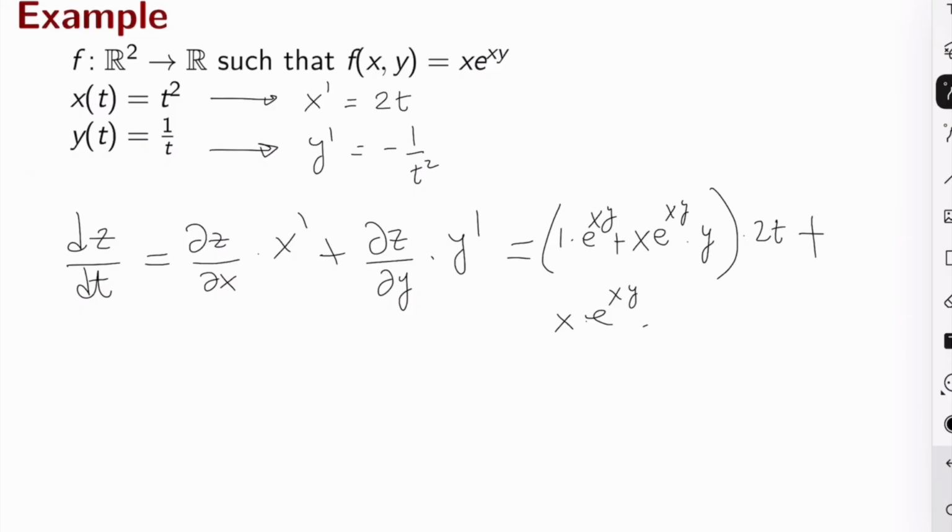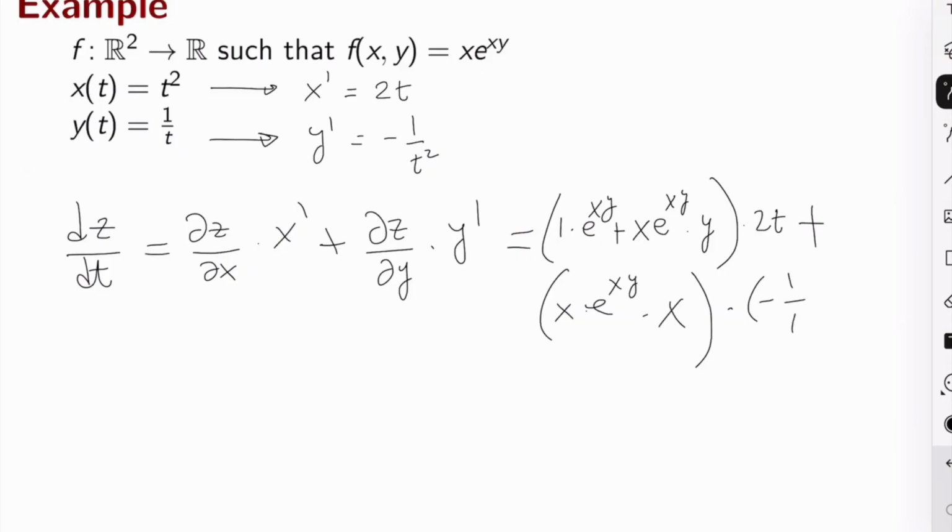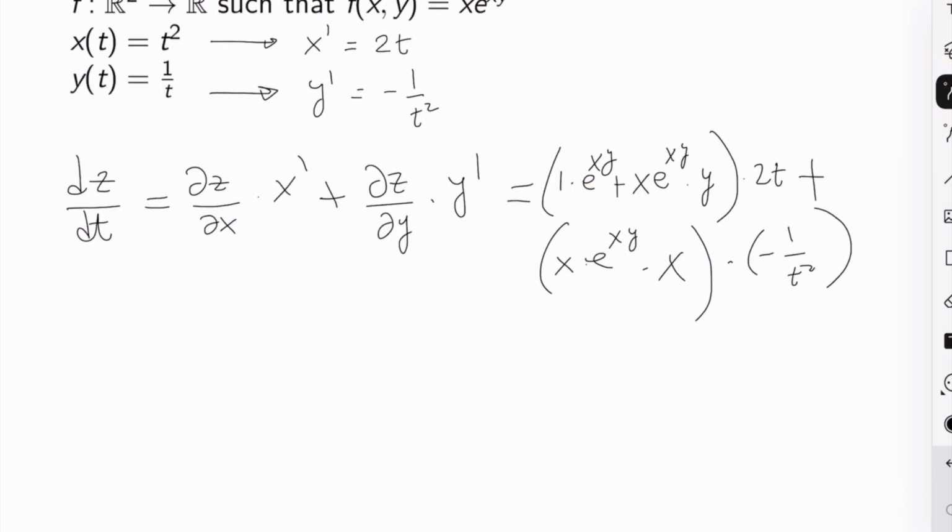Sorry, x, right? The derivative of xy with respect to y is x. Okay, so this is the derivative of z with respect to y. And now this one times y prime that we already calculated, which is minus 1 divided by t squared.